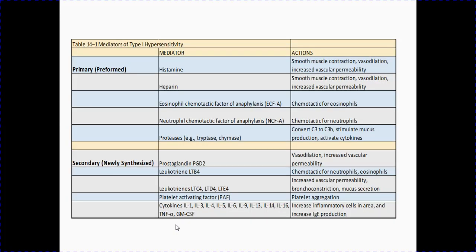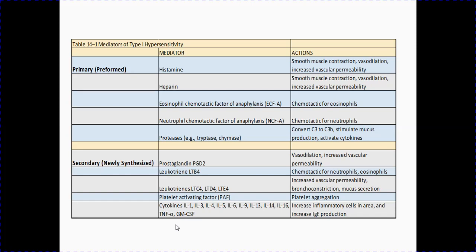And here's where we're going to look at them. So as I said, primary or preformed mediators, when we're talking about these, we're talking about mediators or chemicals that are existing inside the cytoplasm of mast cells, or the cytoplasmic granules of mast cells and basophils.